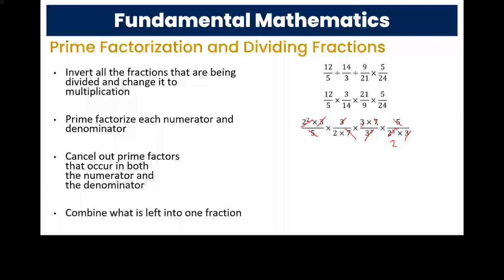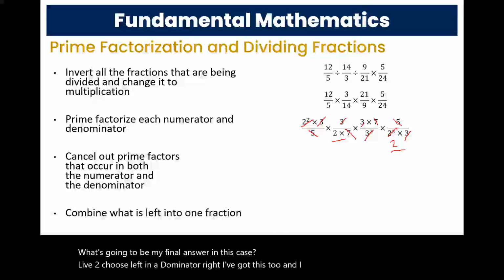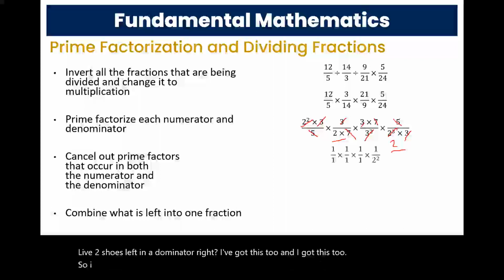What's going to be my final answer in this case? Well, I have 2 2s left in the denominator, right? I've got this 2 and I've got this 2. So I should end up with 1/4. Yep, because I have 1 times 1 times 1 times 1 over 2 squared, which is 1/4.